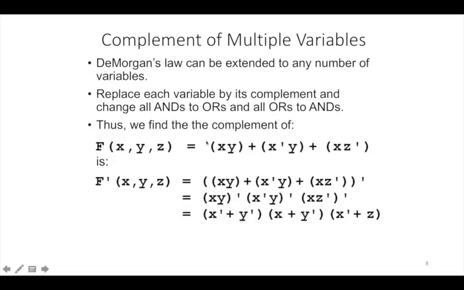Okay, let's see an example. We have the function f, a three variable function of x, y, z, equal to xy OR with x complement y OR with x z complement. So we have the f complement function going to equal the whole function right here complemented, and we're going to transform each of the operators right here to become the AND operator, and each of the components inside right here is going to be complemented.